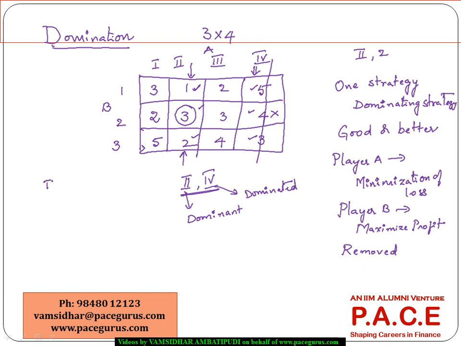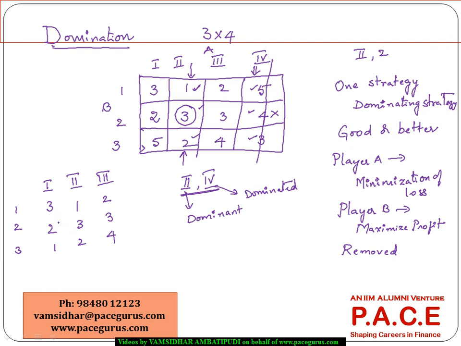Now, what will happen to my updated matrix? There are only 3 strategies for A and 3 strategies for B. So this becomes 3, 2, 1, 1, 3, 2, 2, 3, 4. So now, is there any more dominating strategies? Now look at it from B's standpoint.